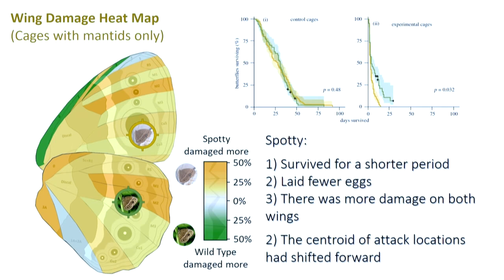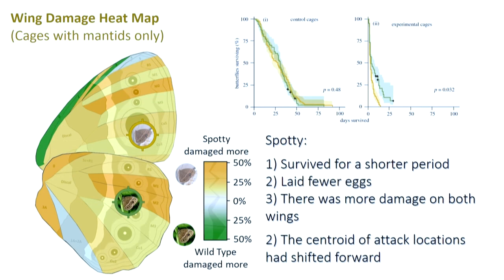This is the heat map of where all the damage by the raptorial legs was done on the wings. And you can see that in spotty individuals, the center of most of the attacks shifted forward on the wing. So the attacks on spotty wings were more like both wings got attacked, but for wild-type individuals, with the more visible patterns being lower down, the center of mass of the attacks was more towards the hindwing.